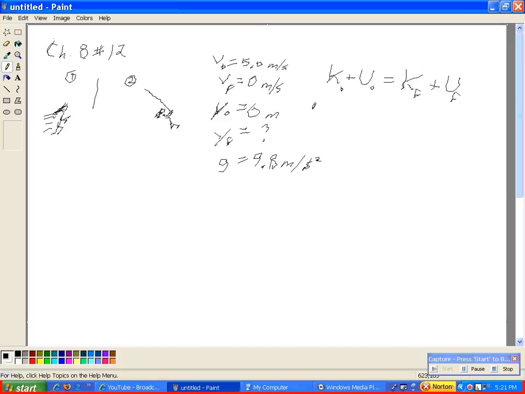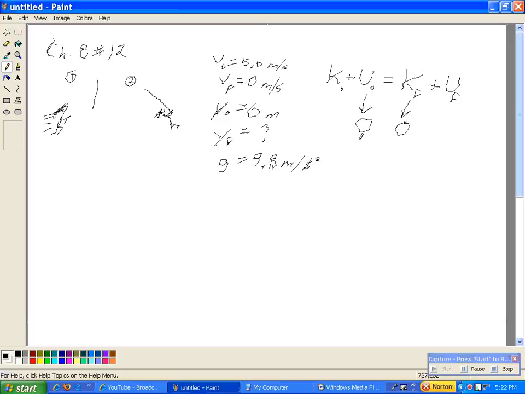Now, her initial height is 0, so her gravitational potential energy, which depends on height, will be 0. When she actually gets a height, this is not 0, but her kinetic is 0. Her final velocity is 0. So this whole thing goes to 0.